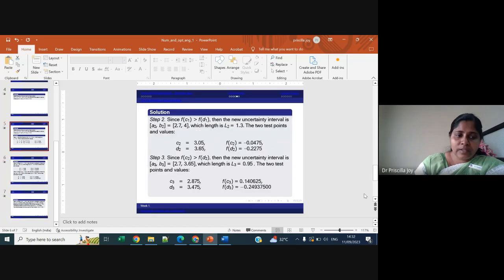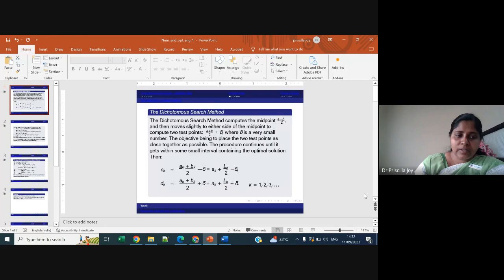Okay, so I'll be repeating it. At first, we need to find the optimal value using the dichotomous search method. For which we need to find two possible measurements, CK as well as DK.